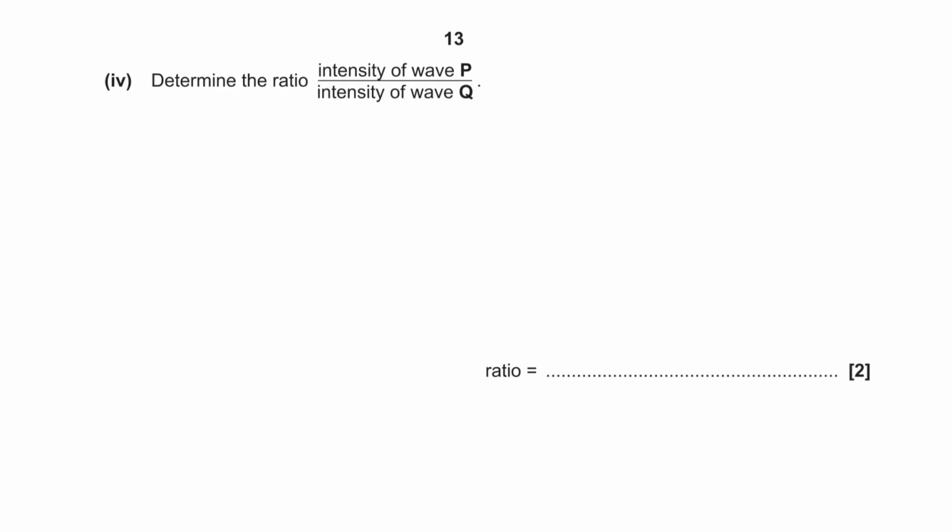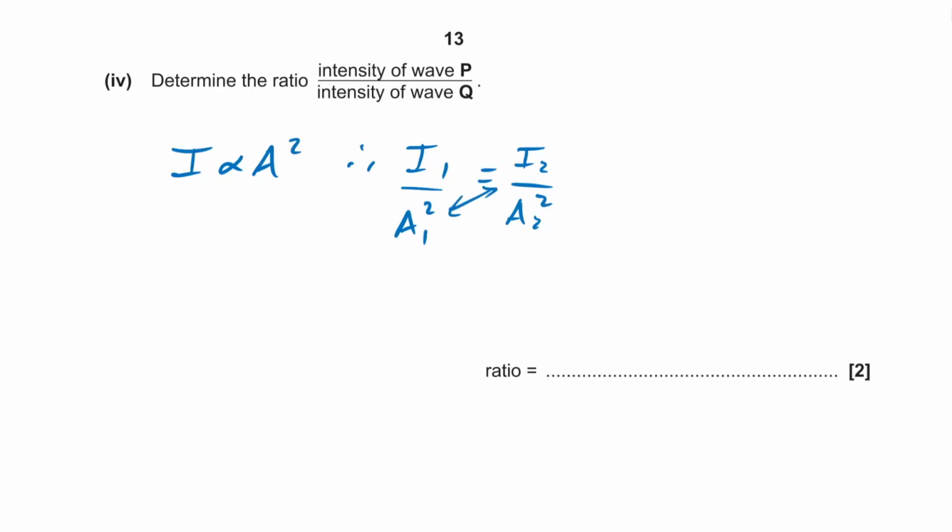Determine the ratio of the intensities. Intensity is proportional to amplitude squared. Therefore, I1 over A1 squared is equal to I2 over A2 squared. And of course, we can just swap those round. We are talking about P and Q here though, aren't we? So let's probably do that. Therefore, intensity of P by intensity of Q is given by the ratio of the amplitudes squared.